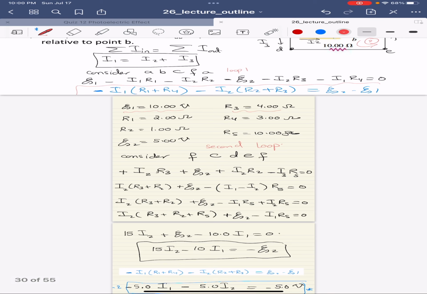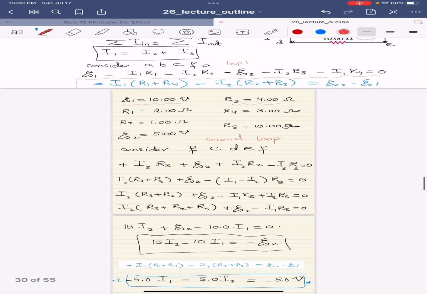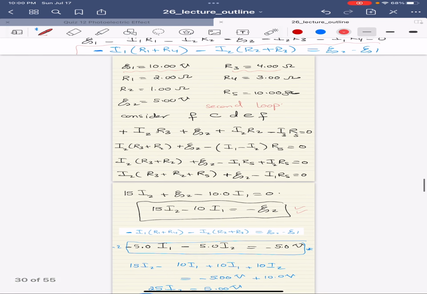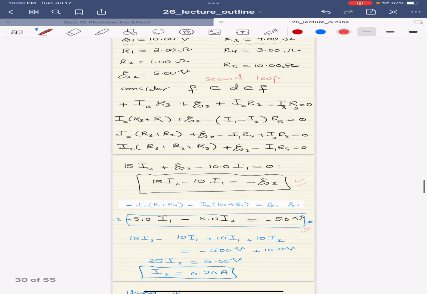Here I rearranged my values, and finally I ended up with this equation. Now I have this equation and this equation here. Then I was able to substitute my values. I have two unknowns and I can solve by elimination.